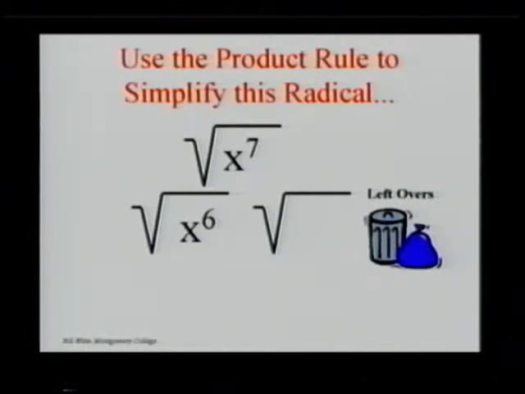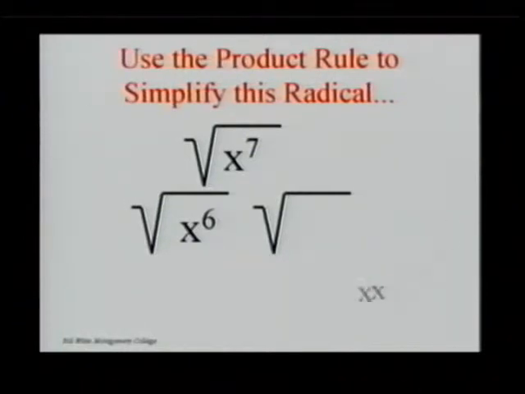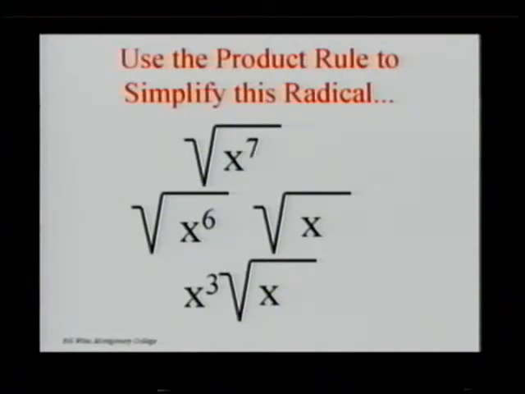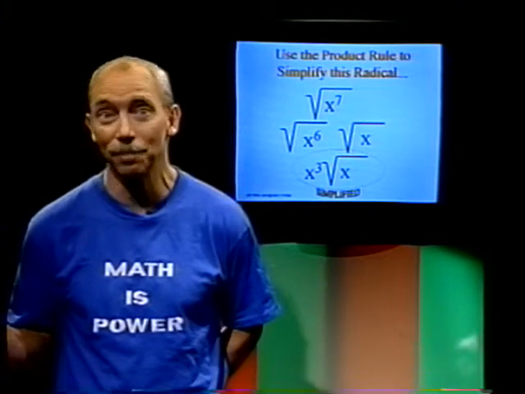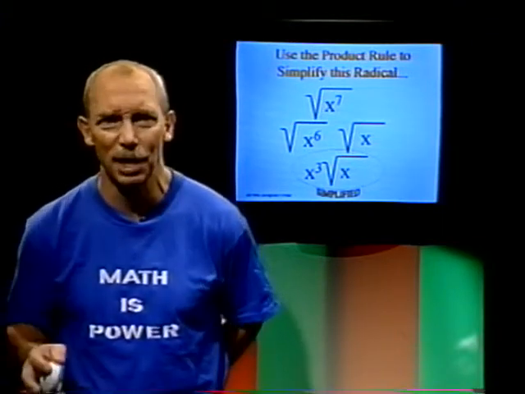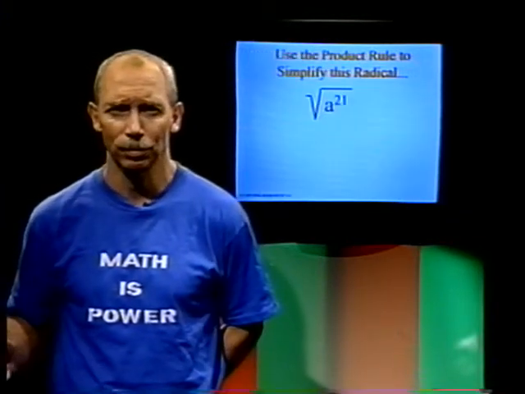Remember what happens when we divide exponents, we subtract. Leaving me with x, or x to the 1st. And the square root of x to the 6th is, that's why we reviewed it, x to the 3rd, and the garbage we just can't do anything with. And you have now simplified that radical. It's not so bad, it's the same stuff. You just have to know, or at least have written down, your perfect square roots.